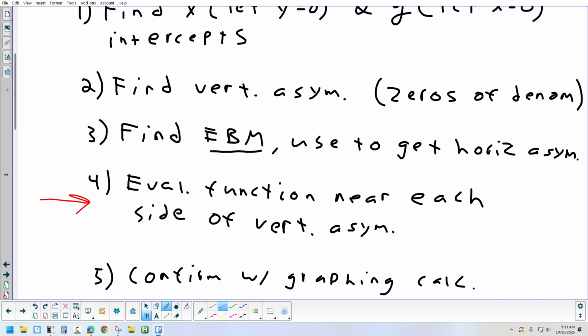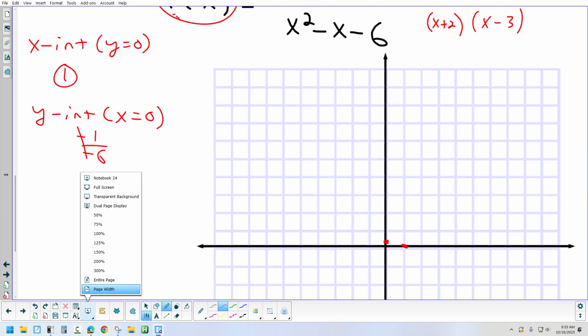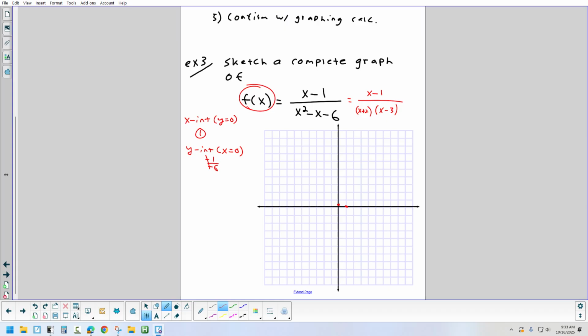Now I want to figure out my vertical asymptotes. Where are my vertical asymptotes in this problem? Yep, -2 and +3.